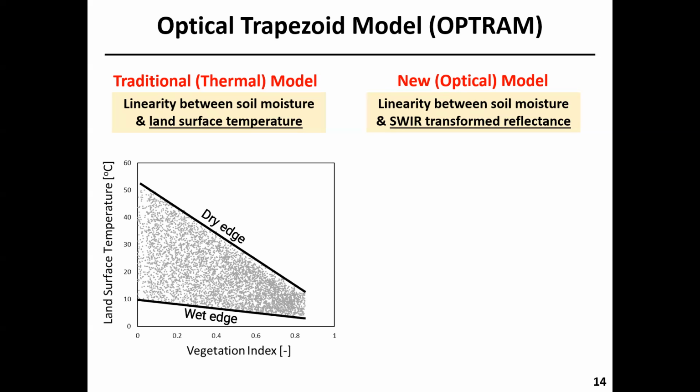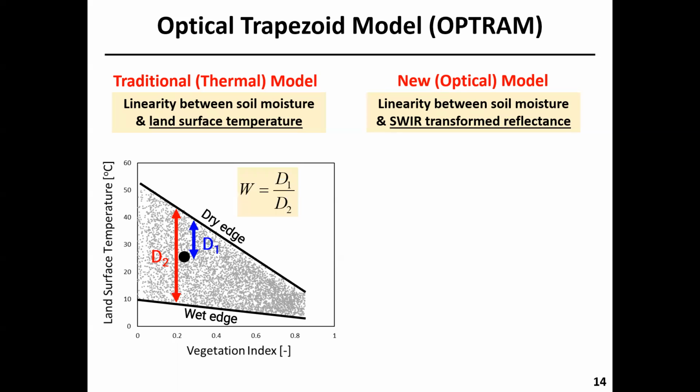And if we fit lines to the edges of the trapezoid, the top edge would be the dry edge, because the higher the land surface temperature, the lower the soil moisture. There is an inverse relationship. And the bottom line will be the wet edge.